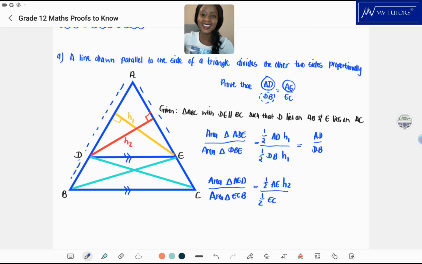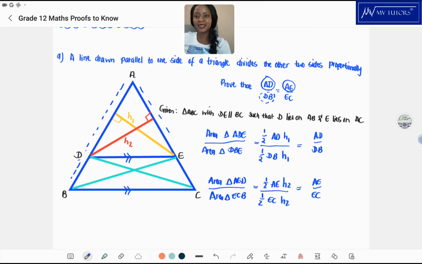Yes, H2. I'm looking at H1, like how is this a perpendicular height? It's H2. So I have H2 there, and yes, it's also the perpendicular height for triangle ECB. And if everything that is supposed to cancel cancels, we are left with AE over EC.